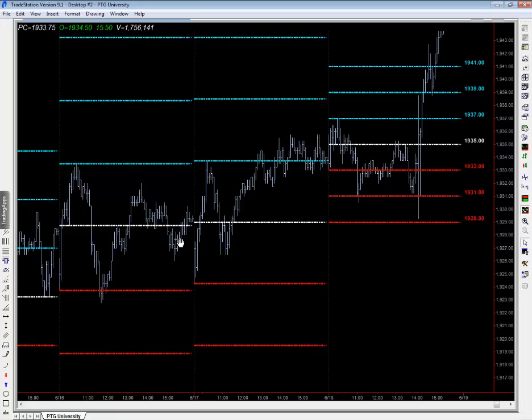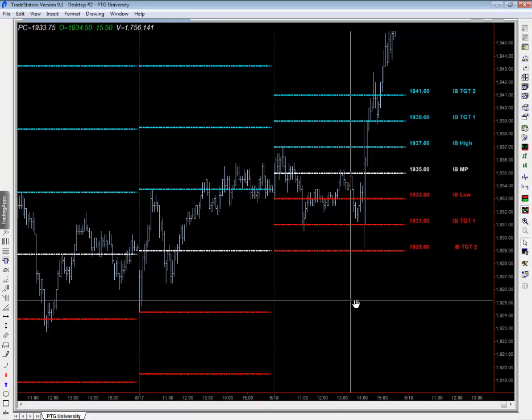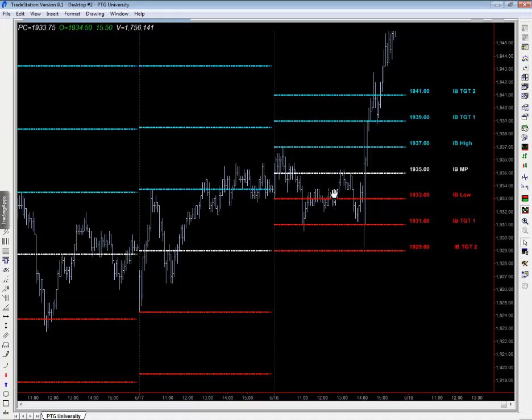Now, on the other hand, when we have a relatively narrow initial balance, and today was actually a very good example, you can see on this chart to the right-hand side, today's date, the initial balance high to initial balance low was only 4 points. When you have a relatively narrow initial balance, range expansion outside of that first hourly high-low is fairly easy.